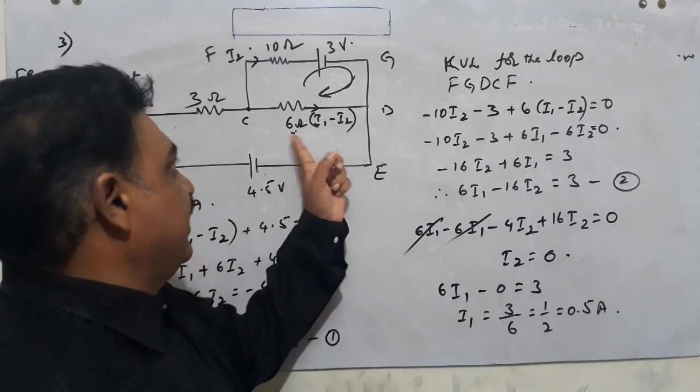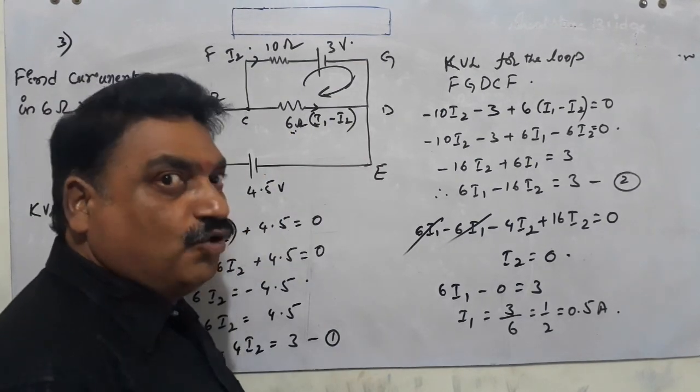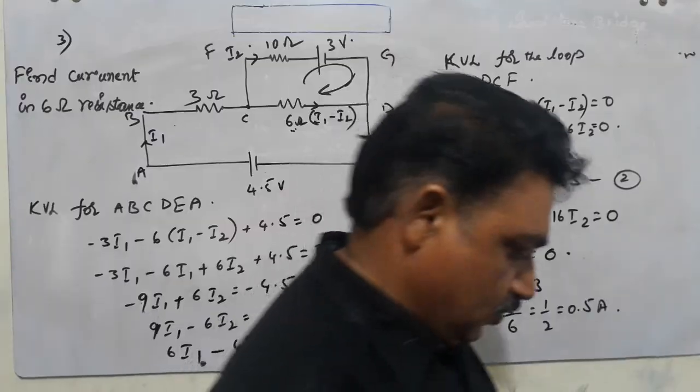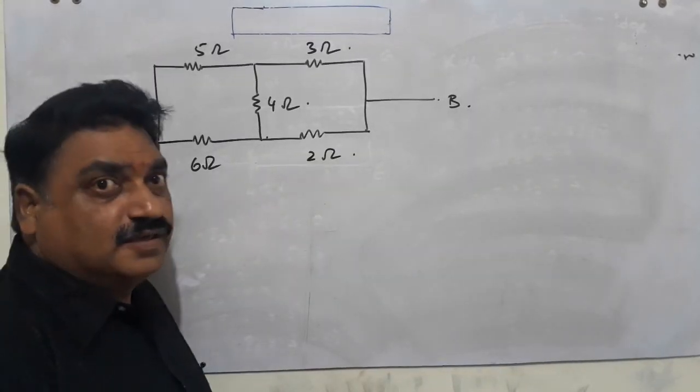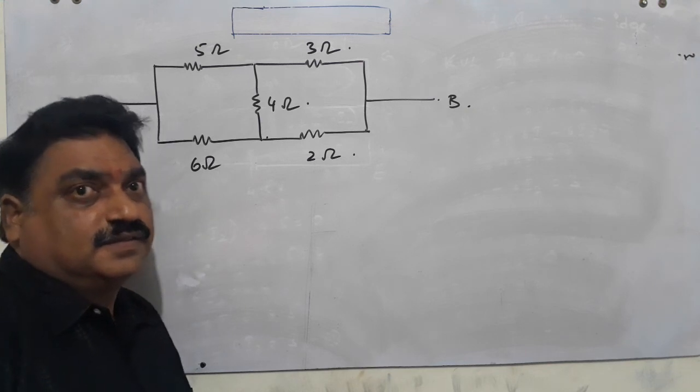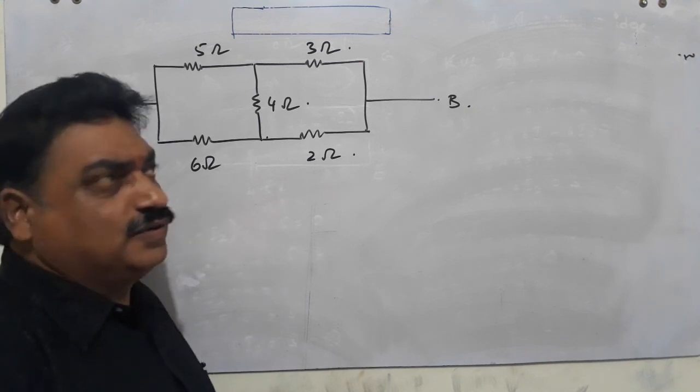What is the current through this 6 ohm resistor? See here, students, it is a complicated circuit.